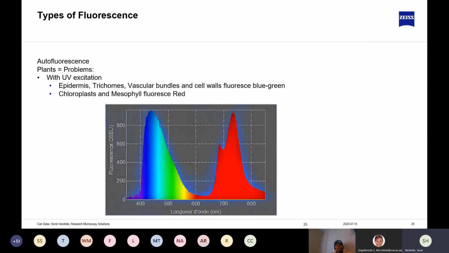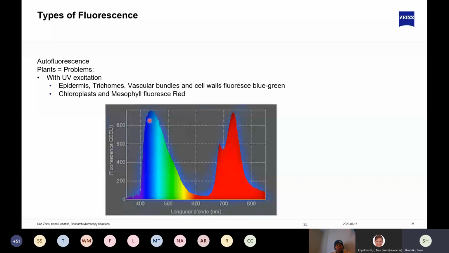Autofluorescence, this is typically where you see a lot of this in plant material, and this can cause a lot of problems, because the diagram that I showed down here shows if you just use UV excitation, you can see a whole range of your cell organelles light up, which can cause challenges, especially if you are interested in something that is labeled with a GFP protein or a molecule that has a specific wavelength in the blue-green ranges.